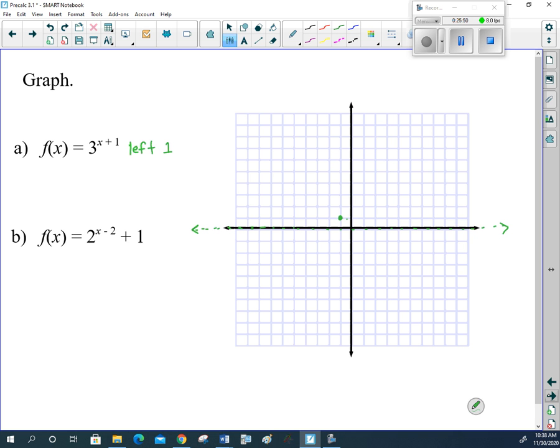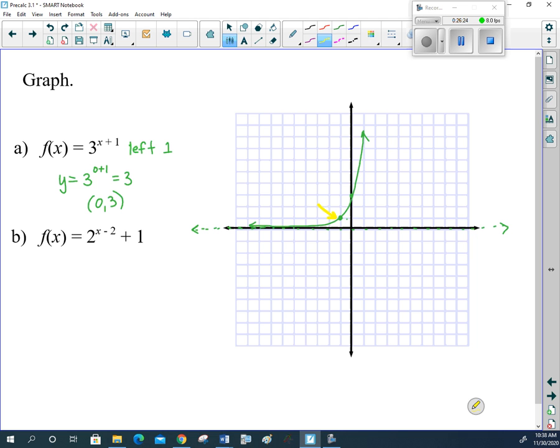If I want to see what my y-intercept is, I could put 0 in for x, and I'm going to get 3 to the 1 power, which is 3. So my y-intercept is going to be at 3 now. So I've got 1 point here, and I now have my new y-intercept at 3. I know it's supposed to be a growth, so I could just sketch this. That's enough to figure out what's going on. I've got my asymptote. Make sure you always show your asymptote. I always want you to show this key point right here, this one that gets shifted around.